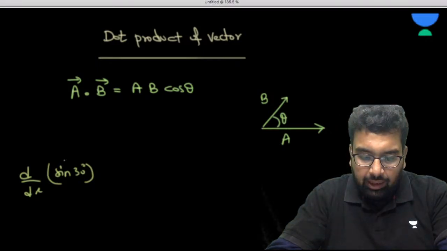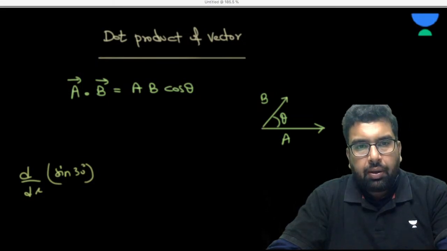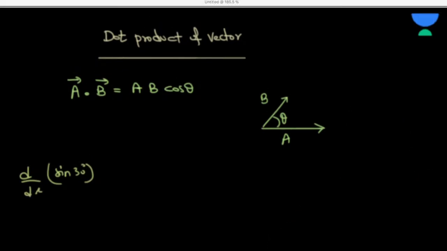Now, if you are asking this, just tell me one thing. Is sine 30 a constant or not? What is the value of sine 30, beta? It is a constant, since sine 30 is 1 by 2.